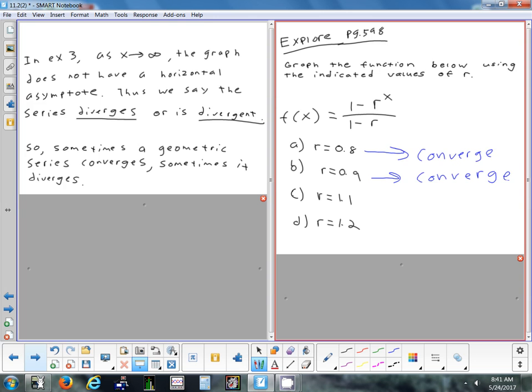What would be the difference in the rate of convergence between the two? How would the speed at which B is converging compare to the speed at which A is converging? Which one is quicker? Well, think about the individual terms. If you multiply by 0.8 each time or 0.9 each time, which terms are getting smaller faster?